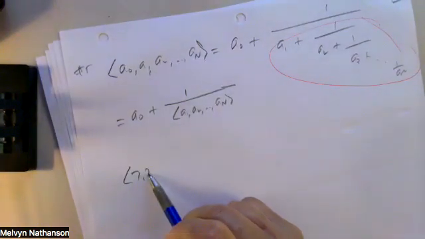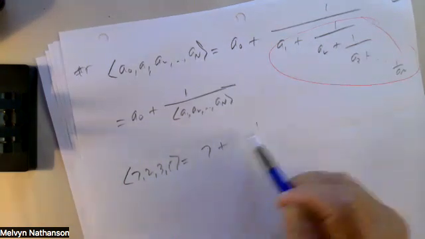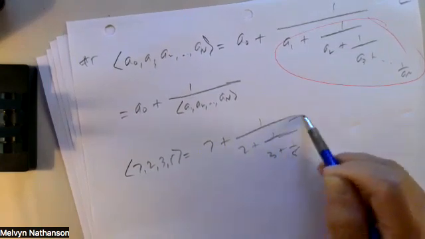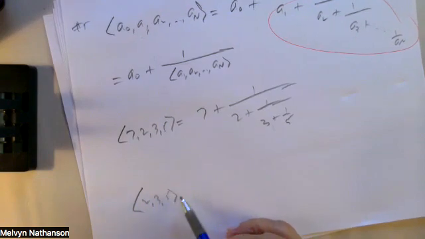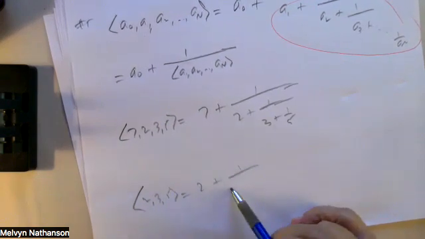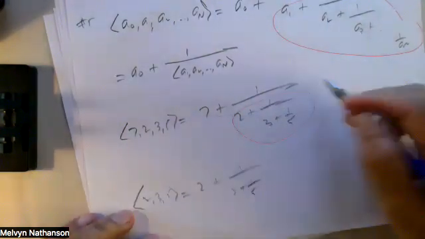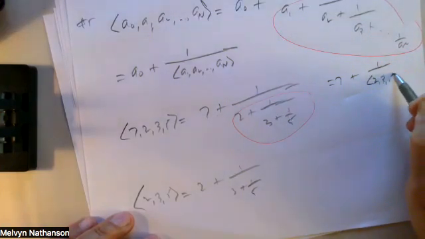Like if I had 7, 2, 3, 5, this is 7 plus 1 over 2 plus 1 over 3 plus 1 over 5. If I just had 2, 3, 5, that's 2 plus 1 over 3 plus 1 over 5. And I see that's exactly what I have here. So this is equal to 7 plus 1 over the continued fraction 2, 3, 5.